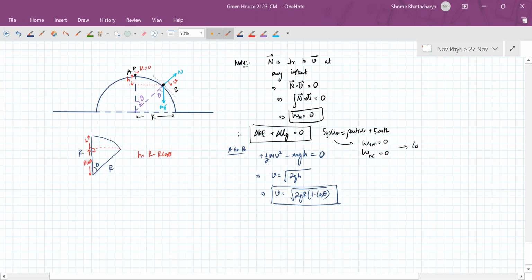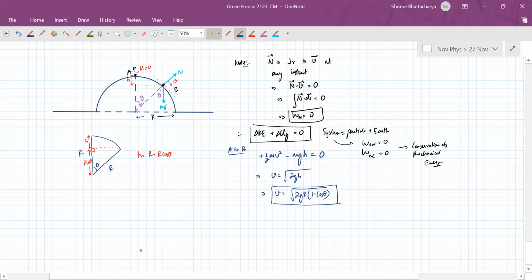So there is conservation of energy, and this becomes your speed as a function of theta.